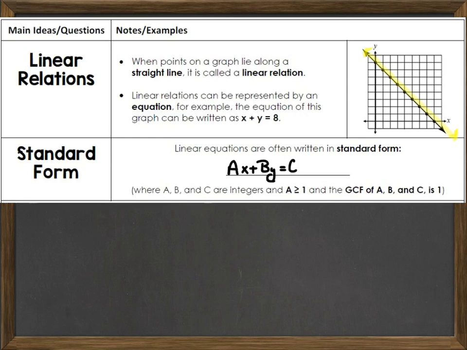What that means is you want your x and your y on the left side of the equal sign and your constant on the right. You may have to combine some things to get there.